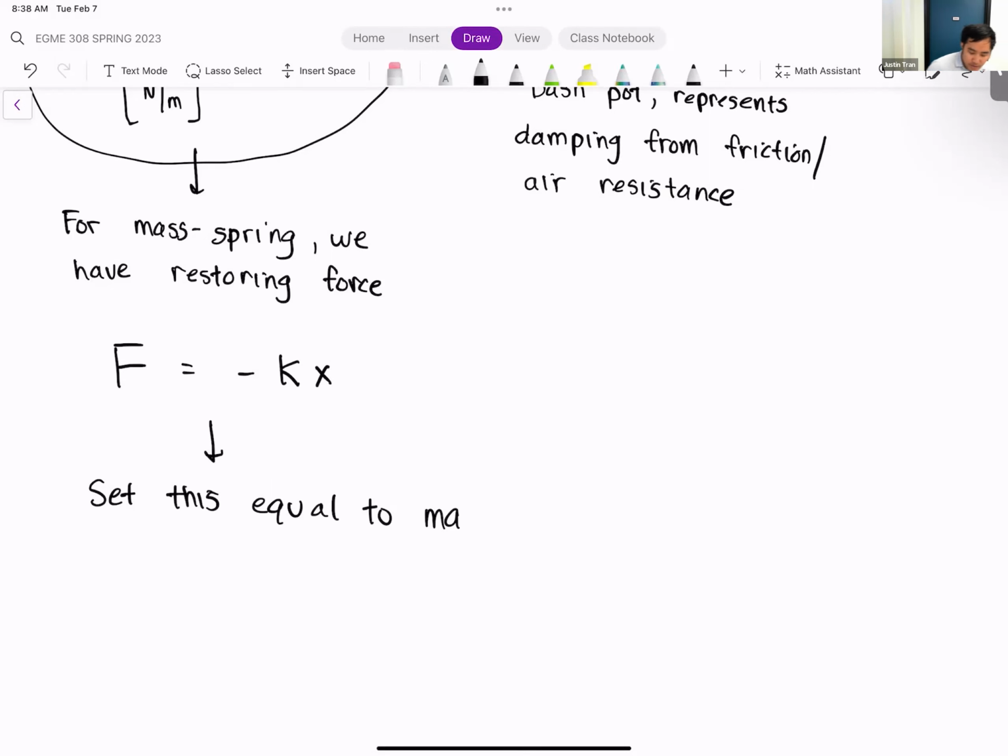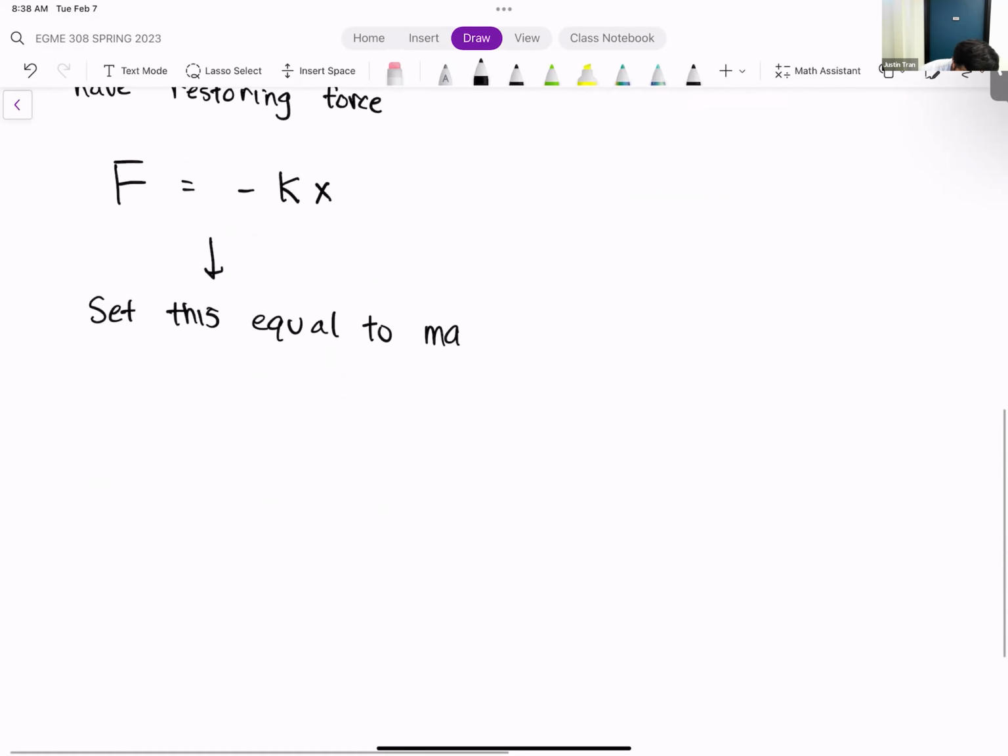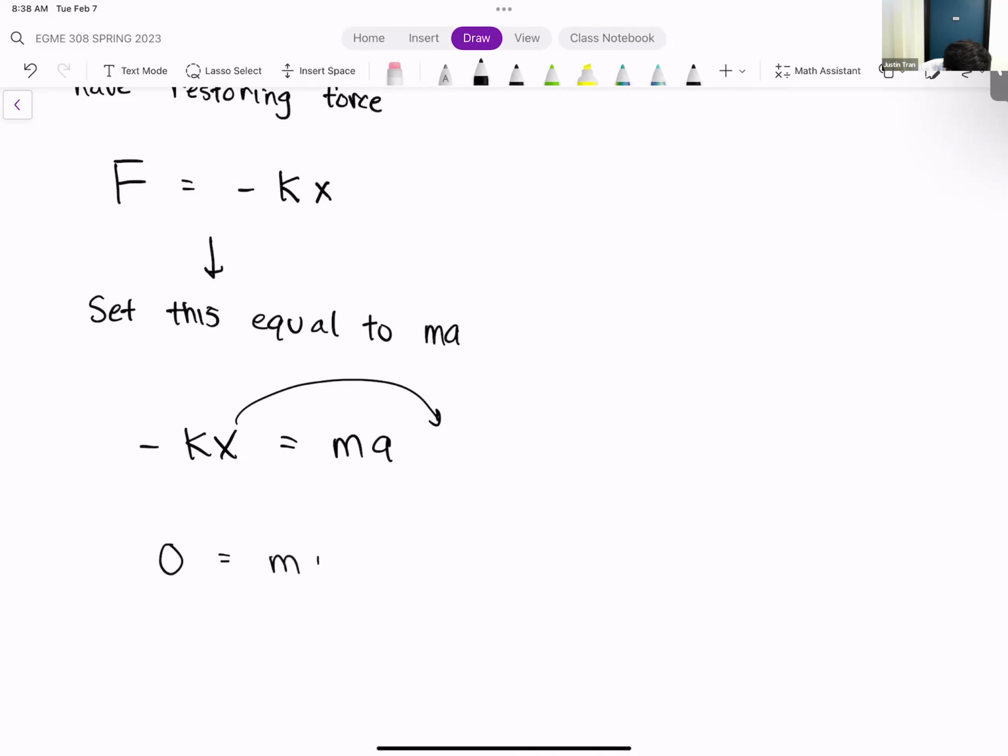So minus kx is equal to the mass times the acceleration. Let's move kx to the other side so it's all positive signs. So we have 0 equal to mass times acceleration plus kx.